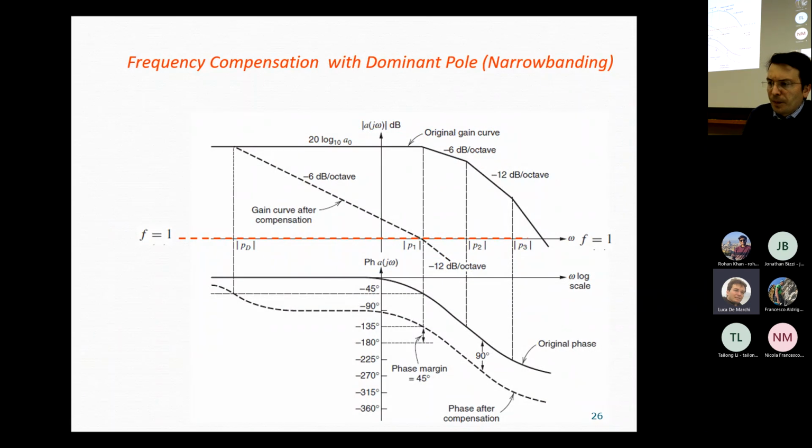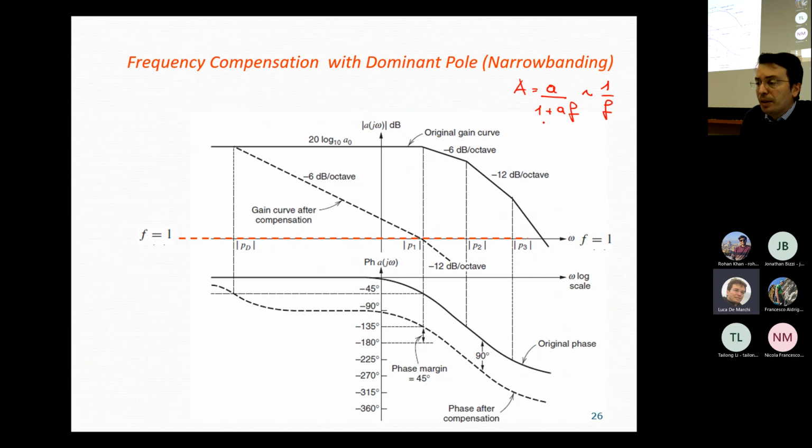Okay, so let me write the equations here. The global gain of the circuit is little a over 1 plus a times f. This is equal to 1 over f when a times f is much larger than the unity.